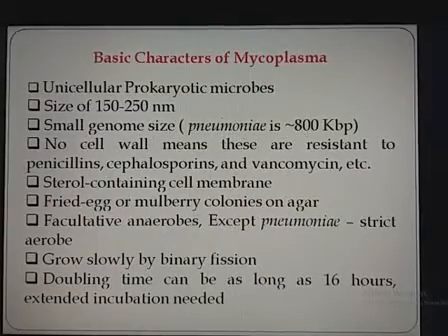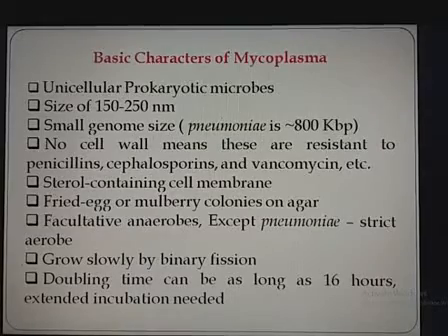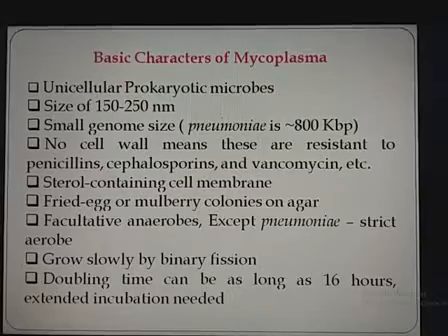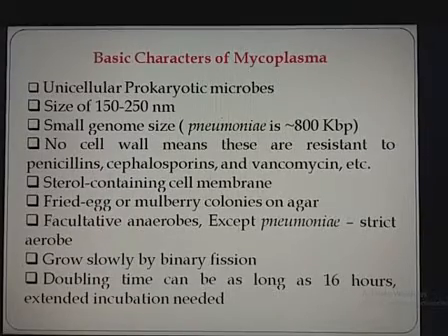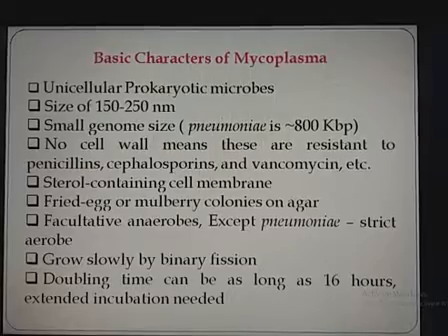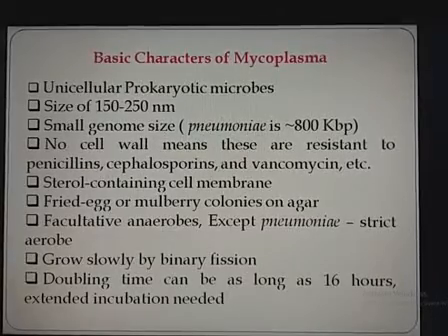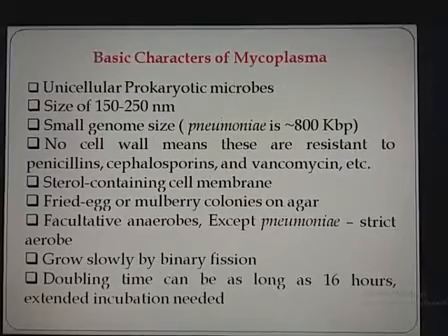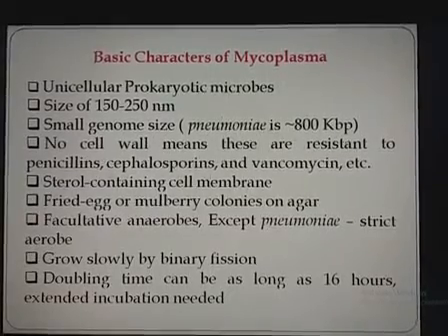They grow very slowly by binary fission. The doubling time can be as long as 16 hours, so the number gets doubled after every 16 hours, and an extended incubation period is needed for their doubling.